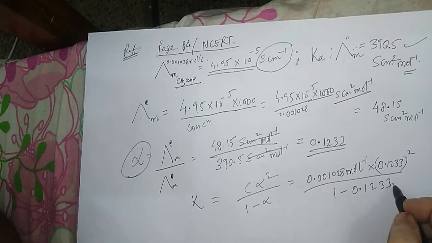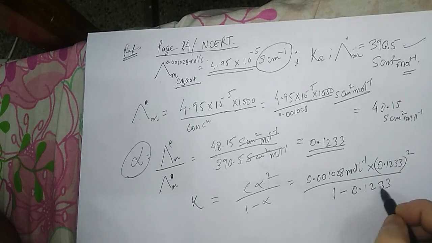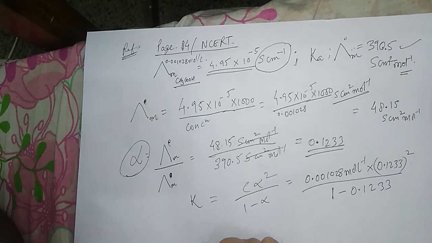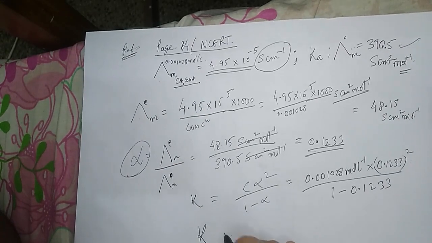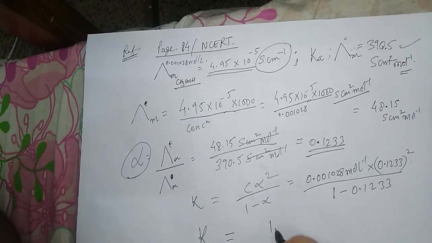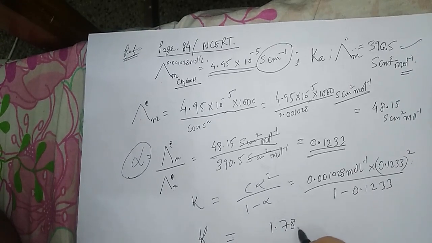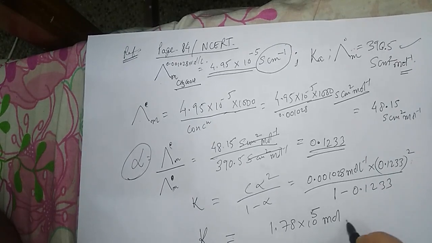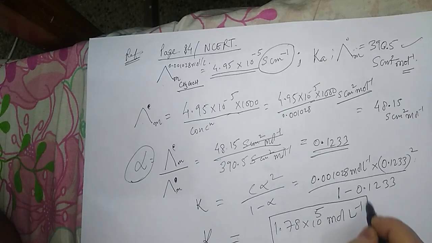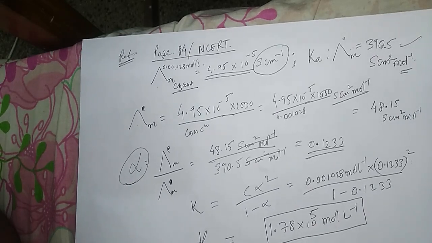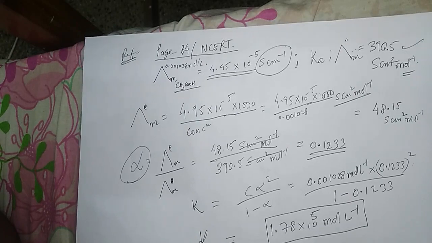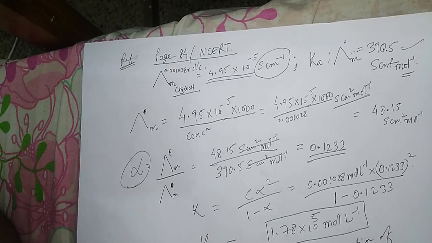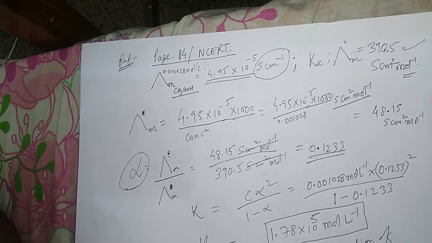This can be neglected, and we can do a rough approximation so that we can quickly get the value. So the equilibrium constant K, if we calculate this, will be 1.78 into 10 to the power minus 5 mole per liter. So this was the second application of Kohlrausch's law.